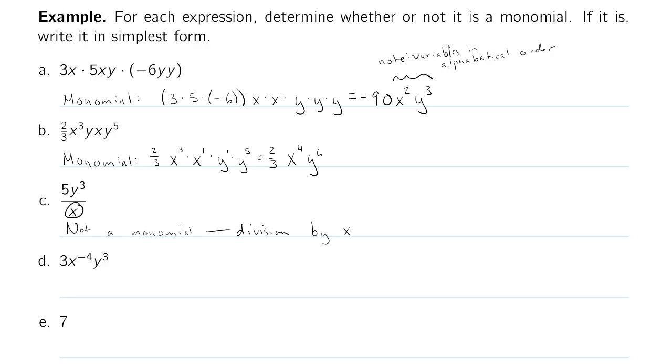Well, remember, x to the -4 means 1 over x to the 4th. So this is 3 times 1 over x to the 4th times y to the third, which I think we'll agree we have division by x to the 4th, not a monomial.